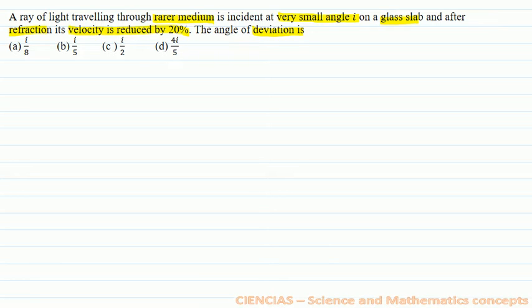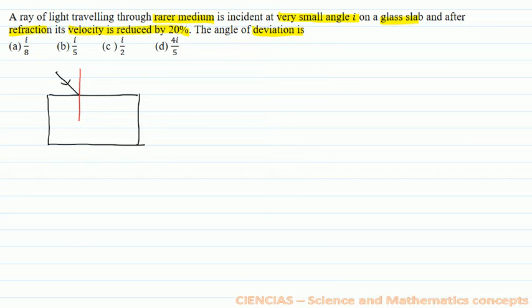So first of all I draw the diagram to see what is angle of deviation in glass slab. This is normal. This is incident ray.